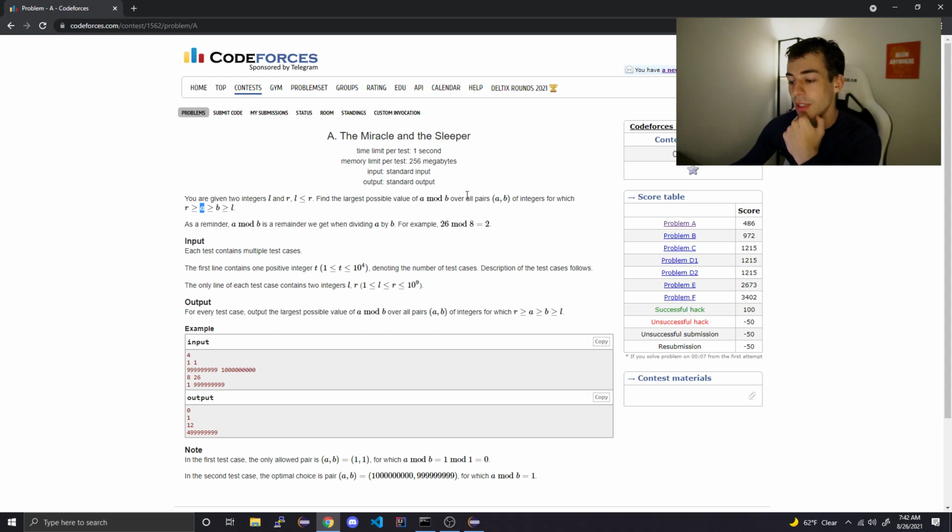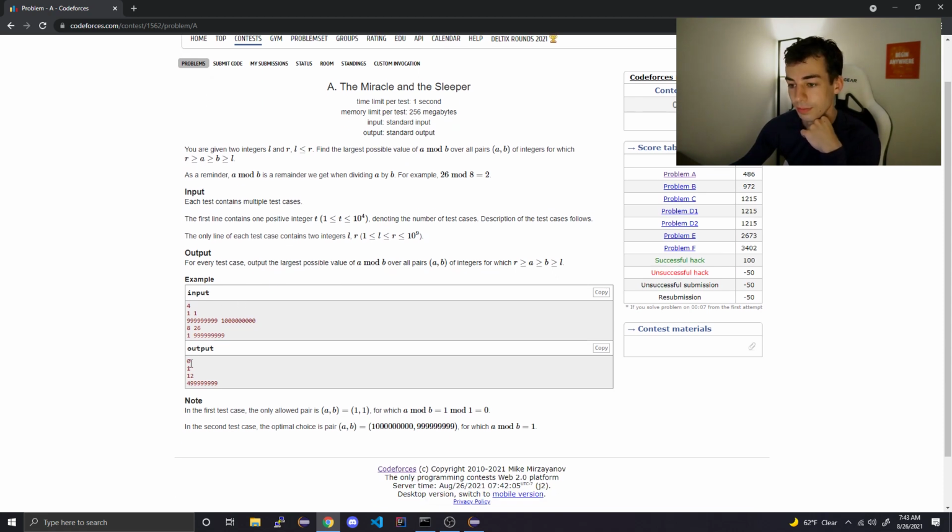Nope. Make B either A plus 1 or A times 2. Wait. A mod B, so A and B can be the same. Oh, the largest possible value of A mod B. Yeah, so either the biggest value or B times 2 minus 1.